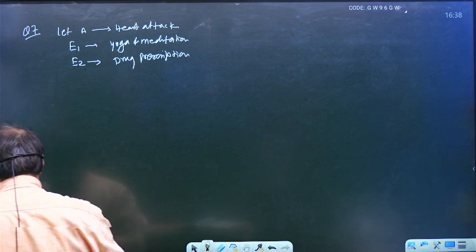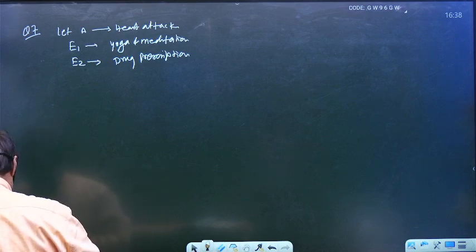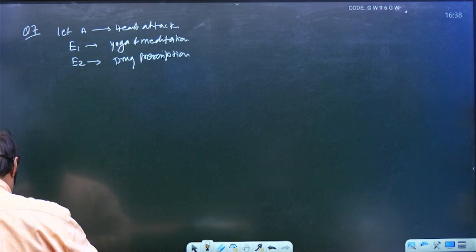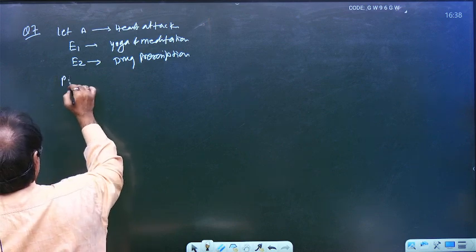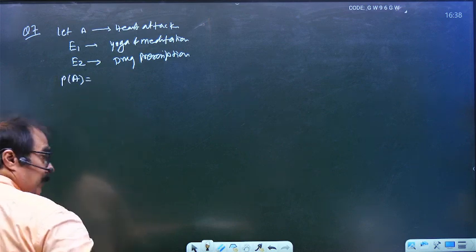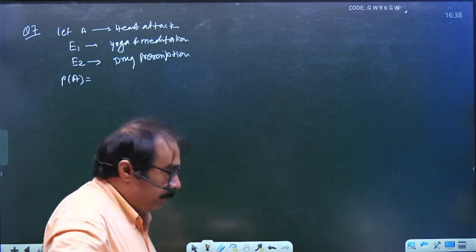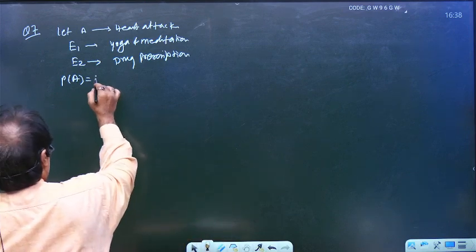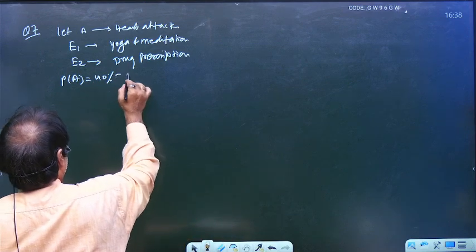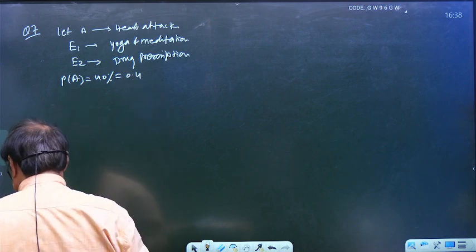This we have supposed, and as per the question, the probability of A is given. Getting a heart attack chance is 40%, so 40% means 0.40.